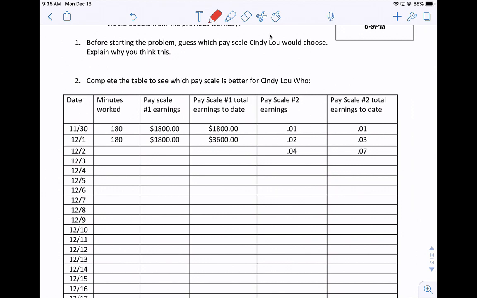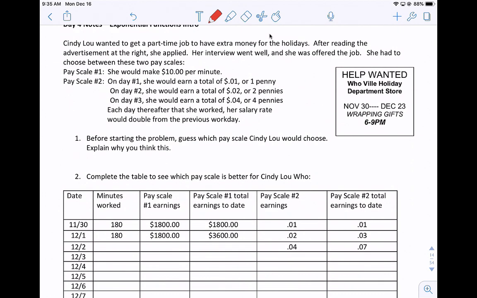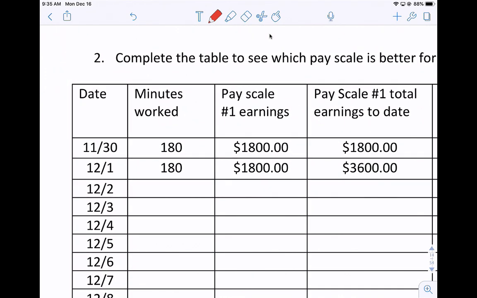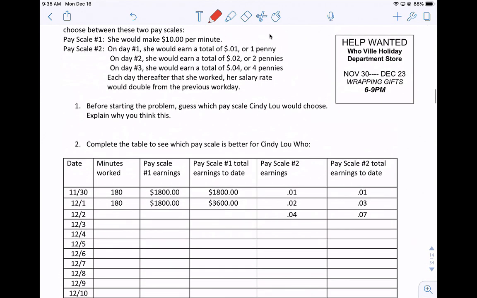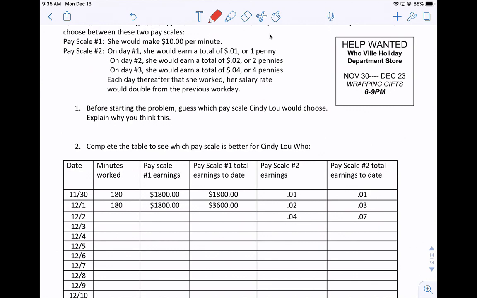So pay scale 1, again, it's 3 hours, 6 to 9, and it's $10 a minute. So we think, all right, how many minutes are in 3 hours? And we know that there's 60 minutes in each hour, so 3 hours would be 180 minutes. So in pay scale 1, 180 times $10 a minute would be $1,800 a day.